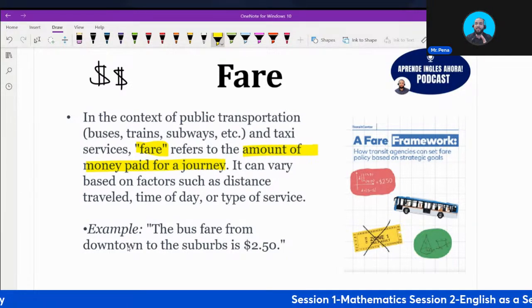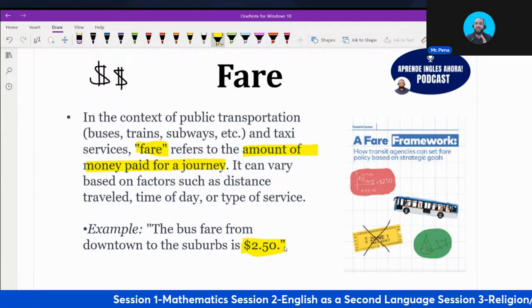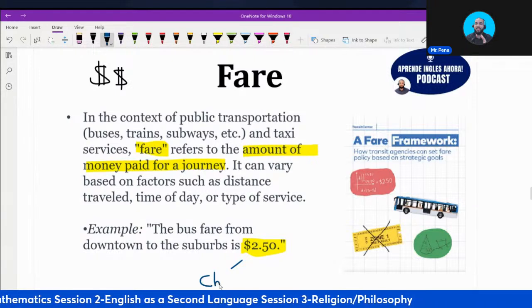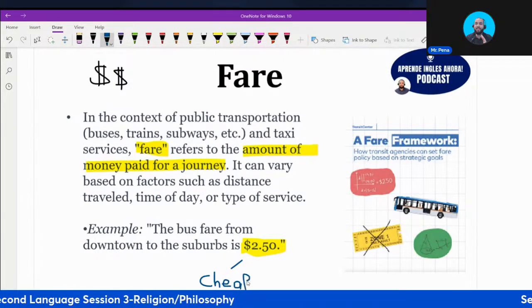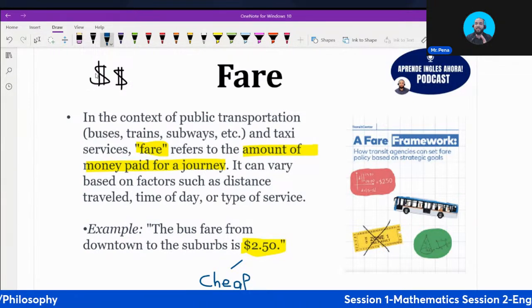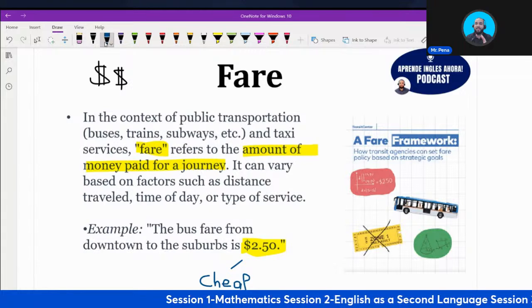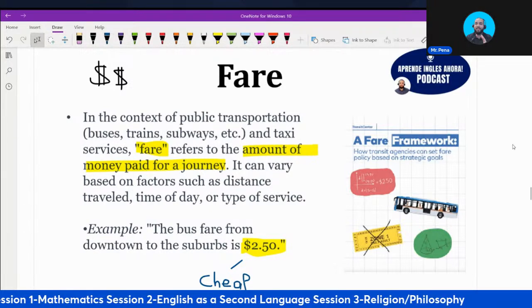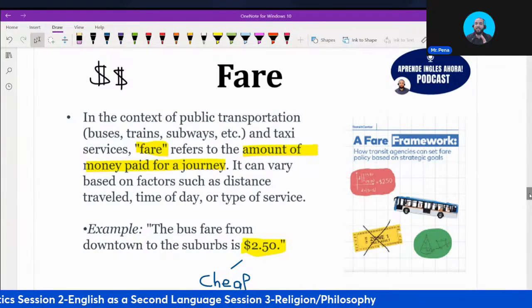So the bus fare from downtown to the suburbs is $2.50. That is considered a cheap fare. What's the fare? How much it costs. That's pretty cheap, actually. Now, an expensive fare would be like $20 for like 3 miles. That's expensive.